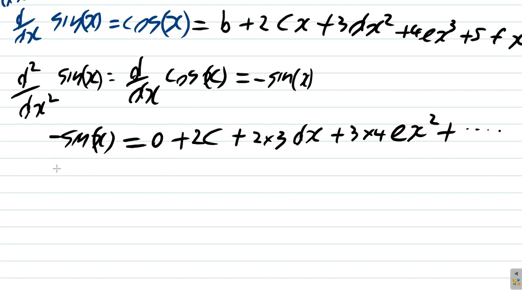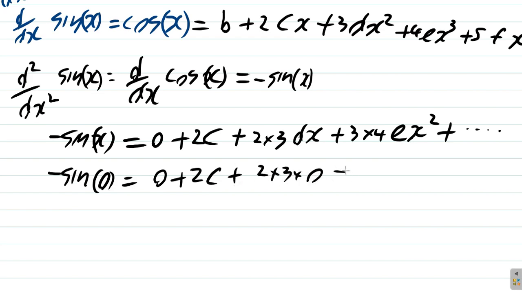Alright. So, negative sine x equals this. Now, we want to make x equal 0. So negative sine of 0 is equal to 0 plus 2c plus 2 times 3 times d times 0 plus 3 times 4 e times 0 squared plus and so on. 0 squared is 0 and 0 times this is 0.